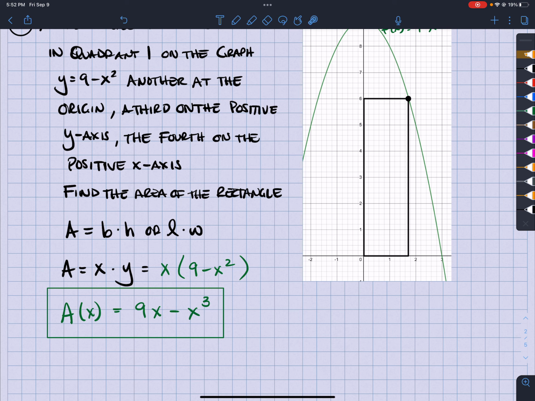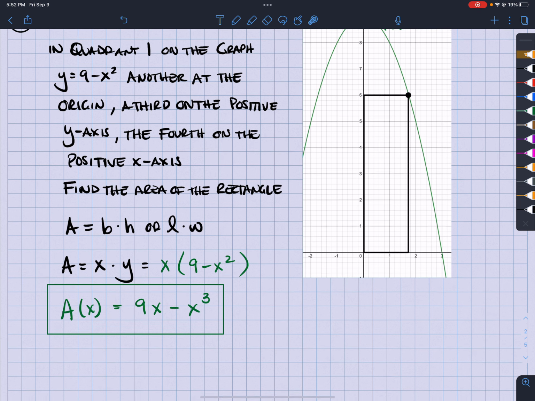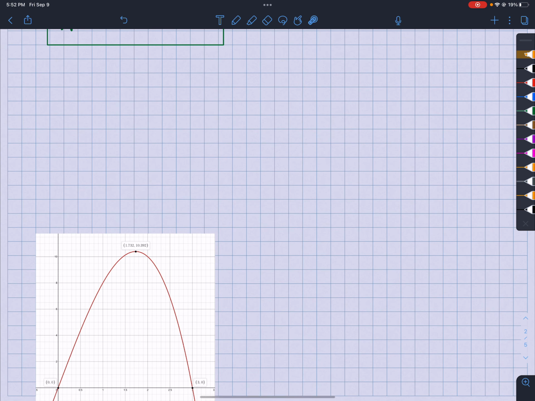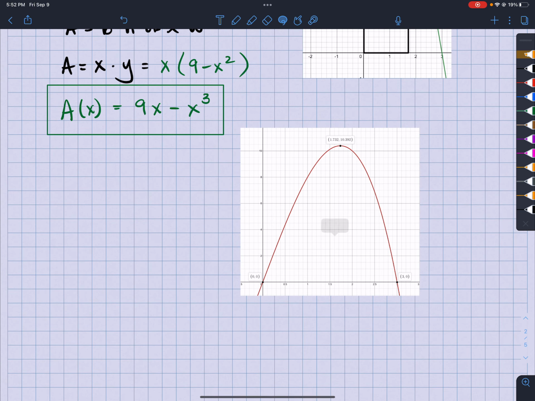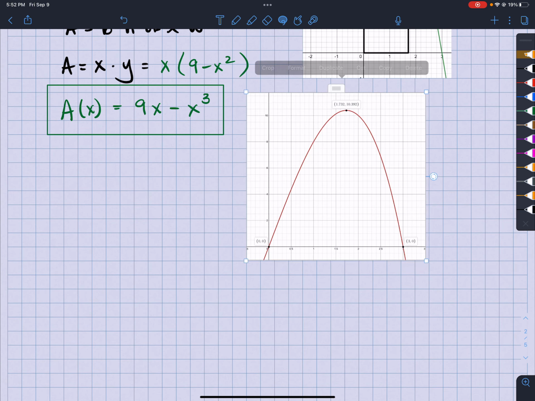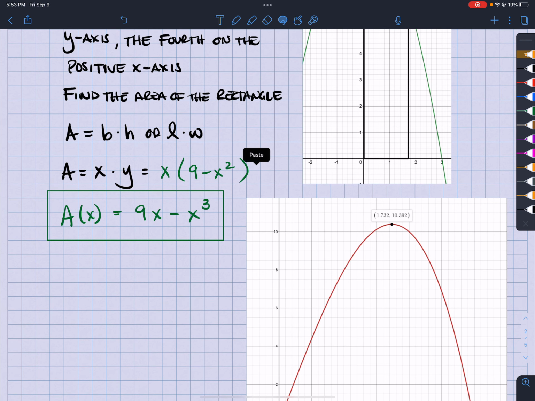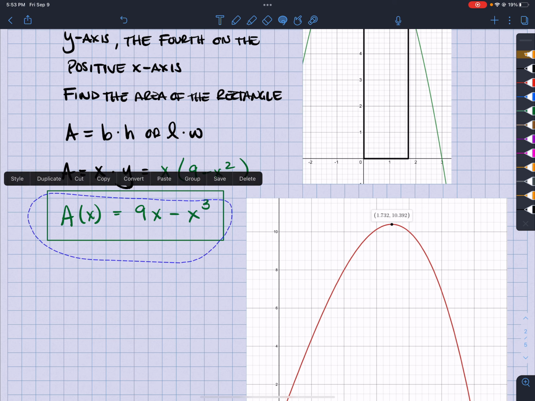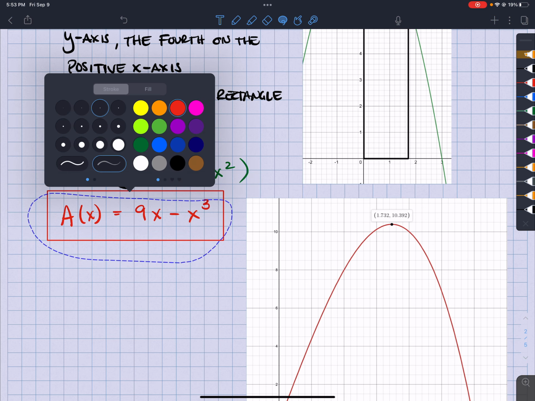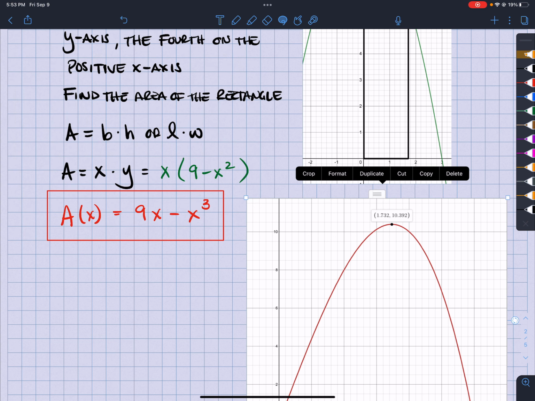So if we were to graph this, then this is the graph we're going to have right here. I guess I should change all of this to red since that was green, so it matches this red here on this side.